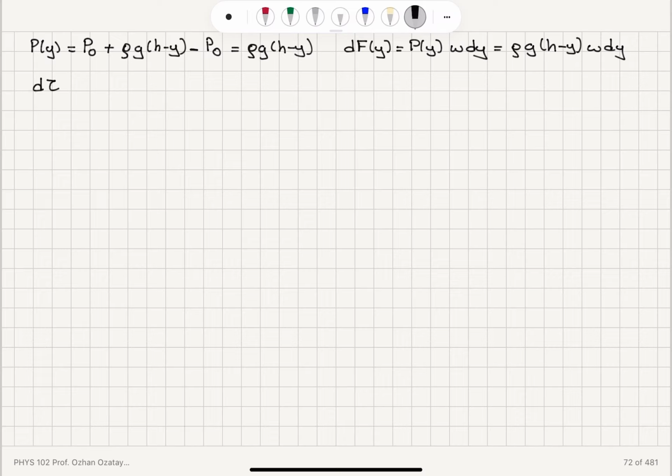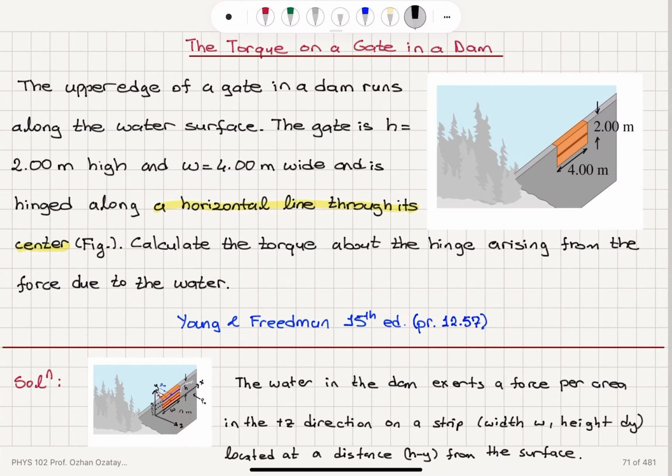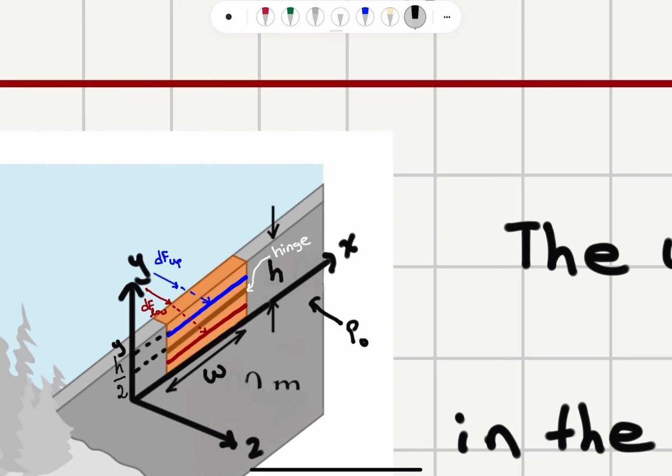So what is the torque due to the water in the upper portion as a function of y? Now, if I'm at a distance h minus y from the surface here, you can see that since this segment has a total depth of h over 2, because this is at the center, this is at a distance y minus h over 2 from the middle line here, which is the hinge.